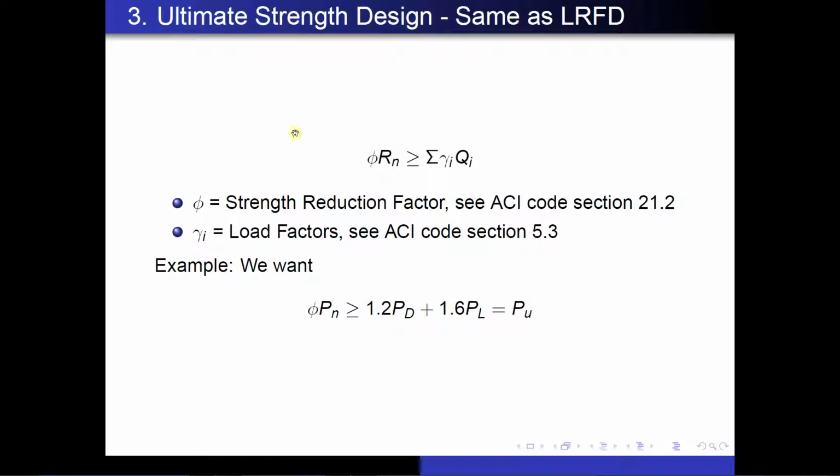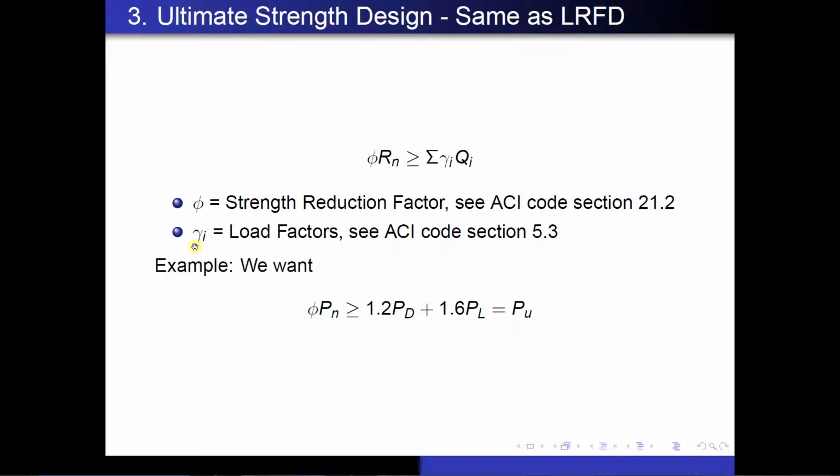The next thing that we need to look at is that we will be doing what is called ultimate strength design in reinforced concrete. It's basically the same as LRFD that you learned about in a steel design course. So basically we have here that the nominal factored resistance needs to be greater than the sum of the factored loads. Of course we have phi factors, which are the strength reduction factors, and you can see those in code section 21.2.